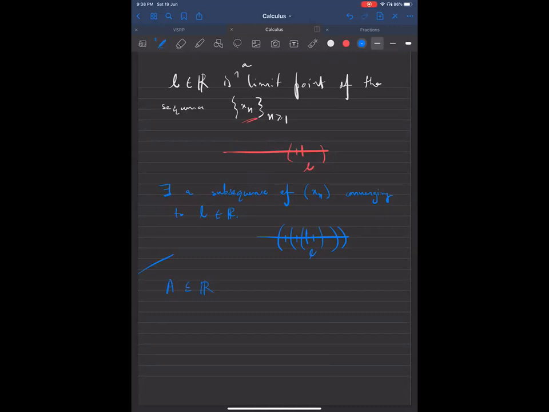Let A be a subset of R. Then L belonging to R is a limit point of A if there exists a sequence xn in A, like all the points of the sequence are in A, such that xn converges to L. Again, in other words, L is a limit point of the set A if for any neighborhood around L, we get a point of A inside it.